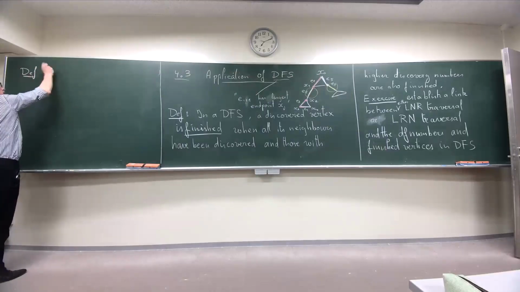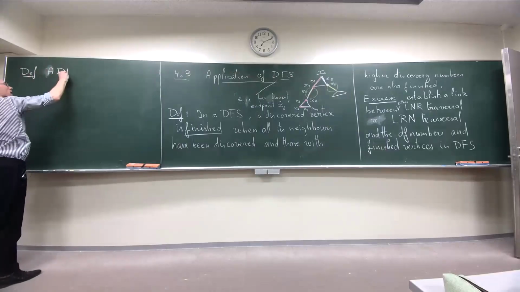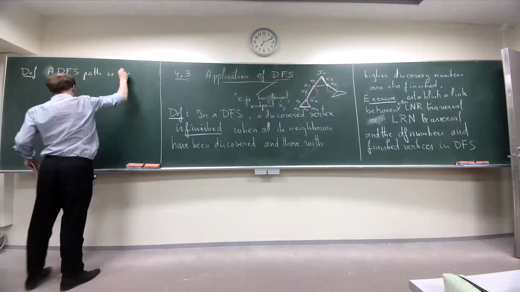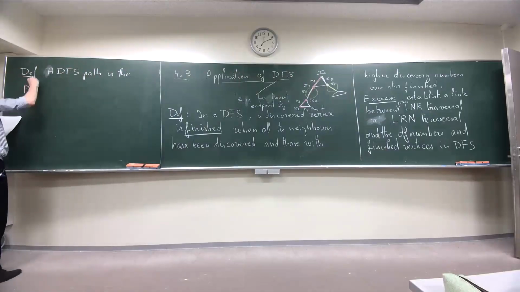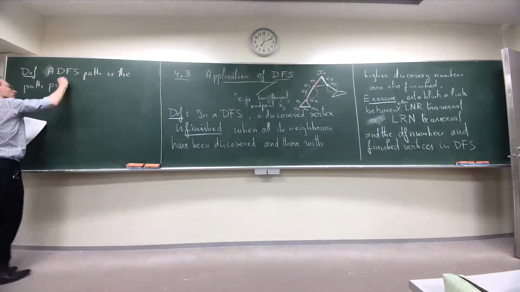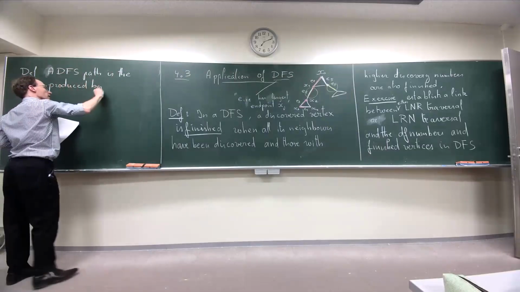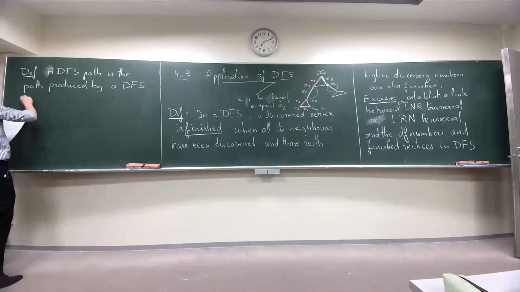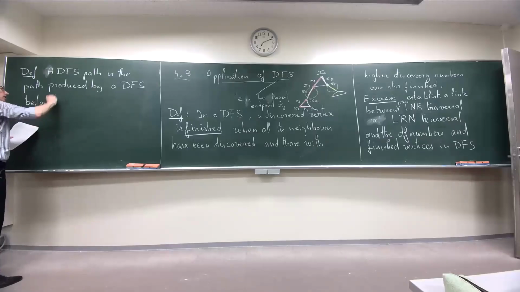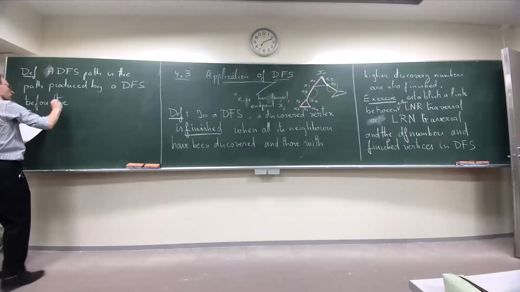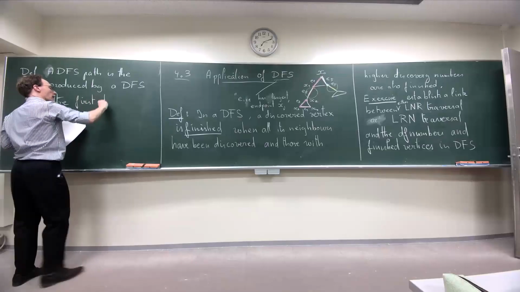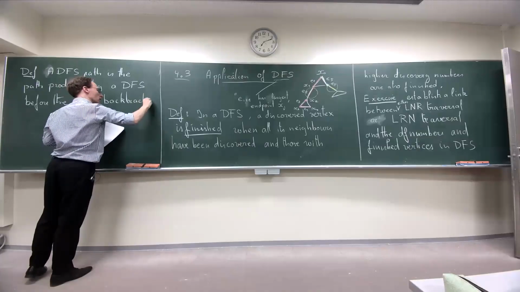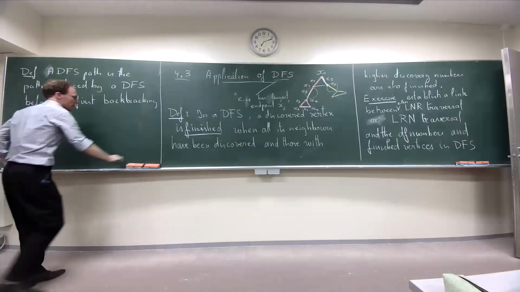Definition: a DFS pass is a pass produced by DFS, depth first search, before the first backtracking, or before the backtrack.